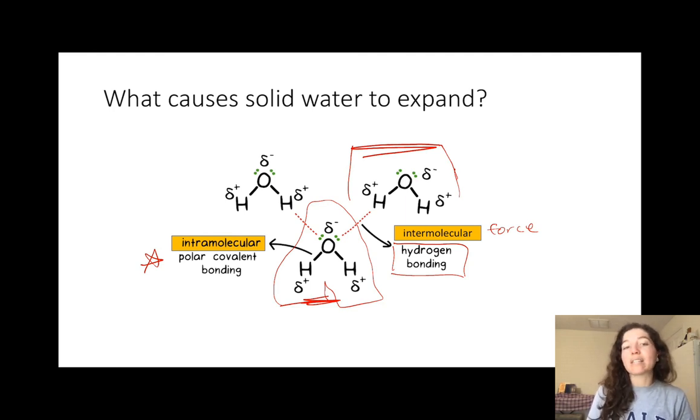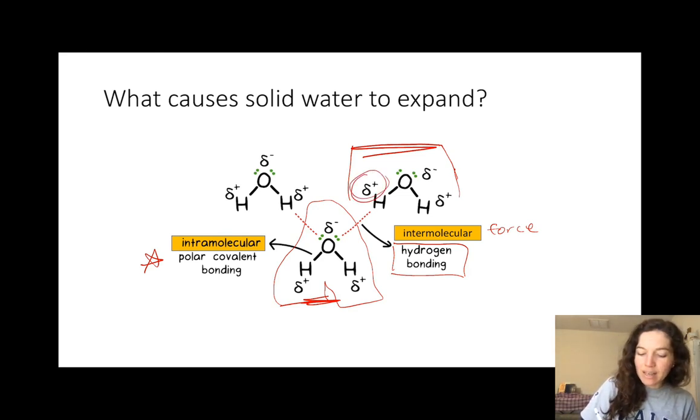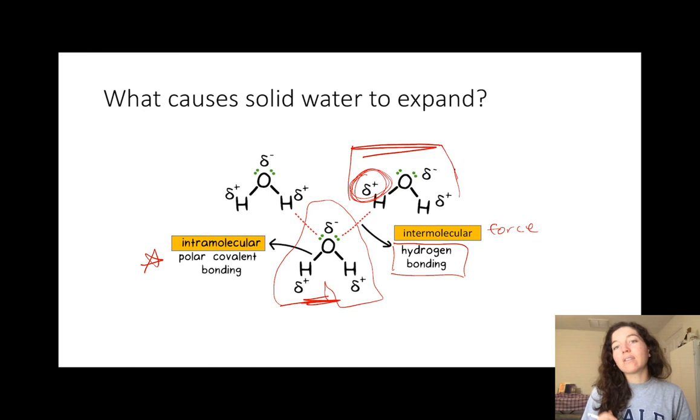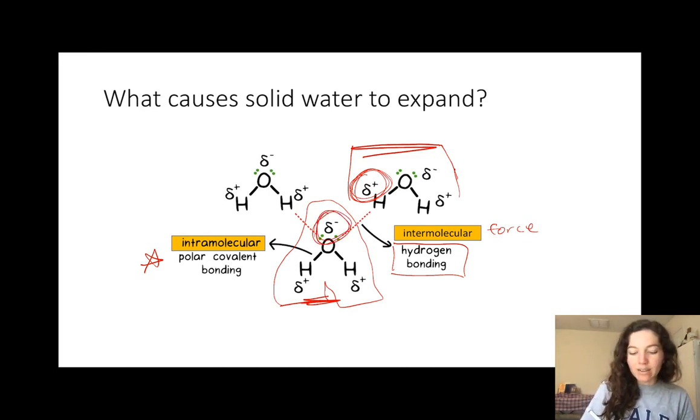Because water has a strong intramolecular force, it also has a strong intermolecular force. So what's happening here is these partial positives between the dipoles and partial negatives are highly attractive in their liquid state or solid state or gas state, whatever state they're in.